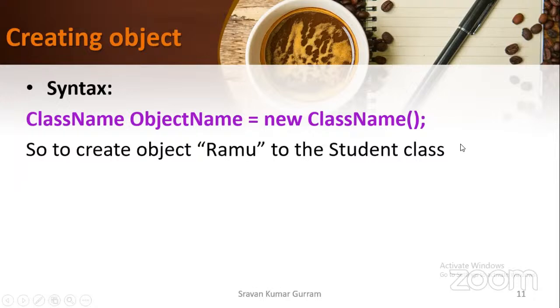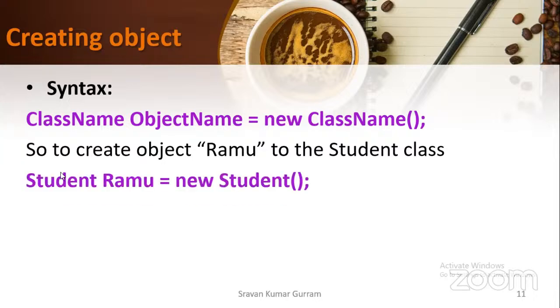So in our example, we created a class Student and we have taken some objects, Ramu and Raju, right? If you apply the syntax to our example, how do you write the code? See now: Student, Ramu, assignment, new, Student, empty parenthesis, semicolon. If you write this statement, with the help of this statement, an object called Ramu is created.